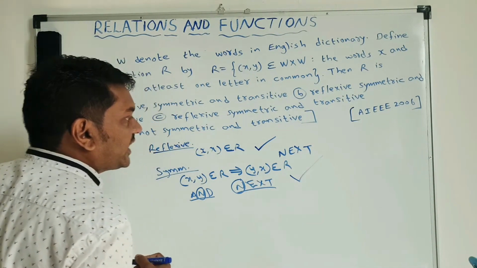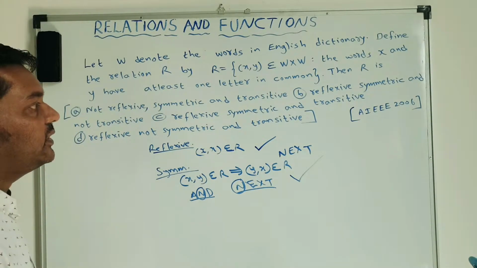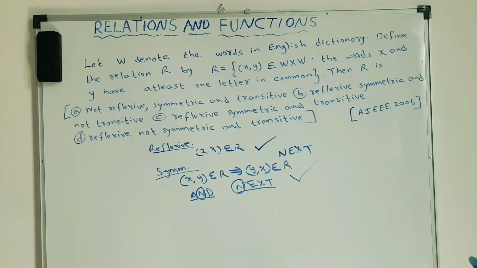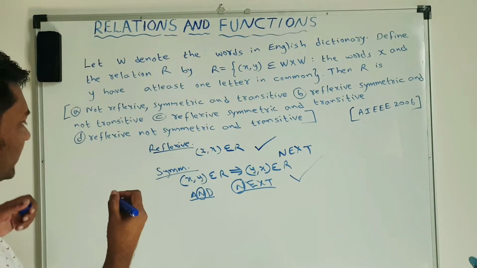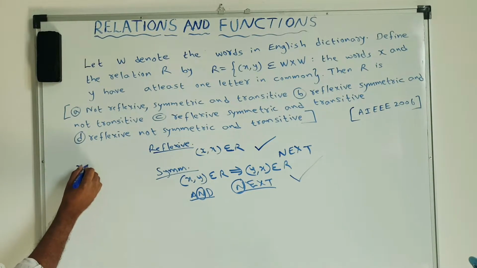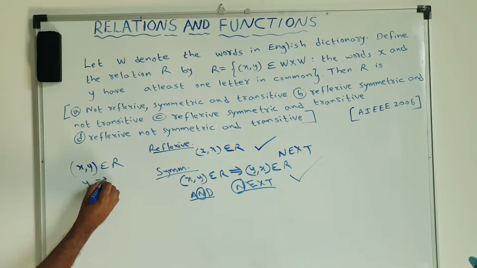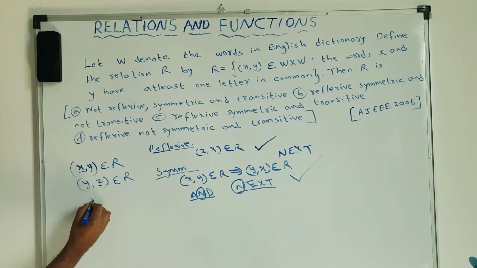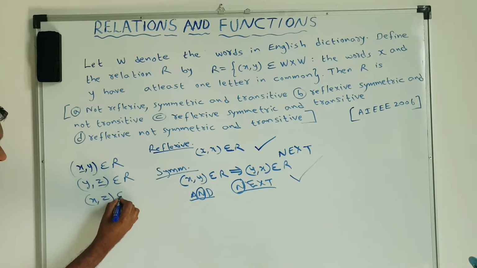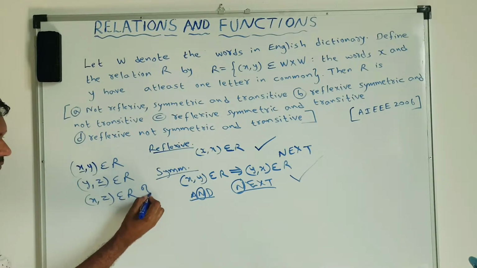Now going to check whether it is transitive or not. For being transitive, if (X, Y) belongs to R and (Y, Z) belongs to R, you have to check whether (X, Z) is an element of R or not.